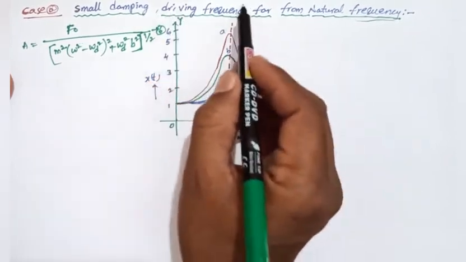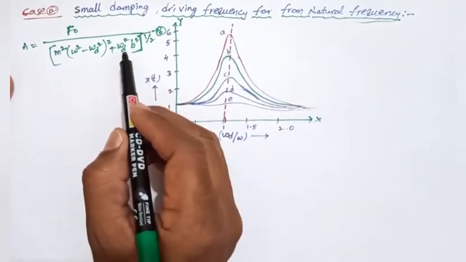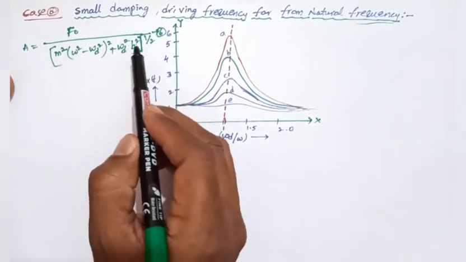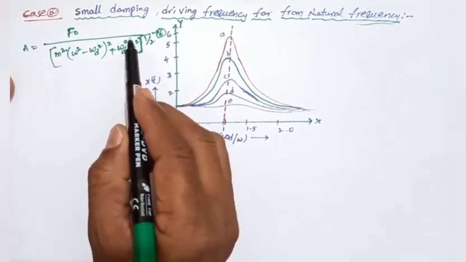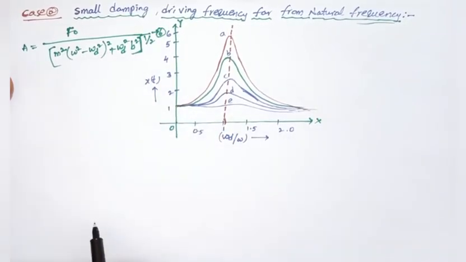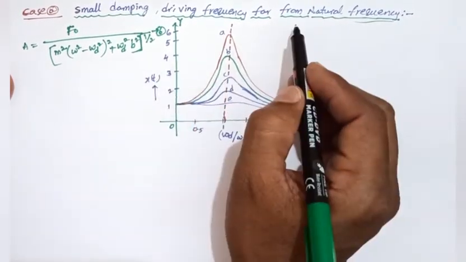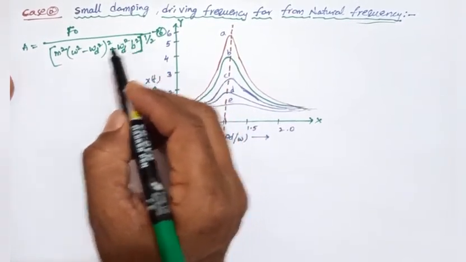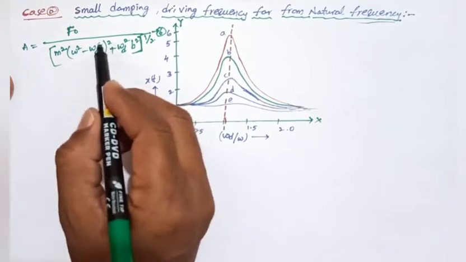So here the damping constant is small, and a small value squared becomes very small.